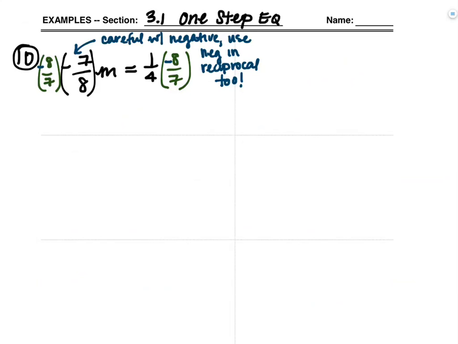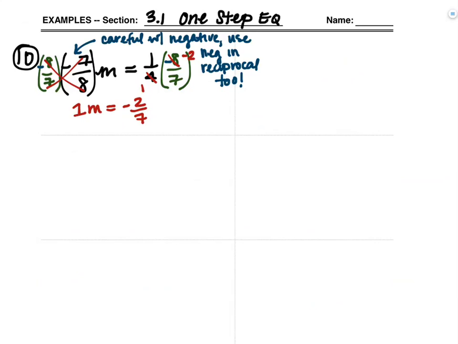Okay, so now we've taken care of that. We have now canceled out the fraction in front of m because those both cancel. And I also want you to be really careful with that negative. That negative also cancels because a negative times a negative, in fact, is a positive.